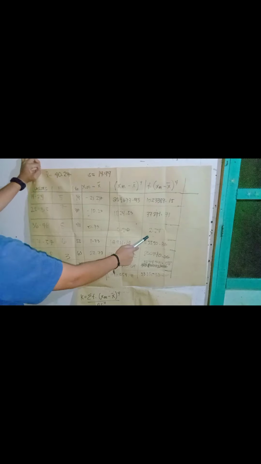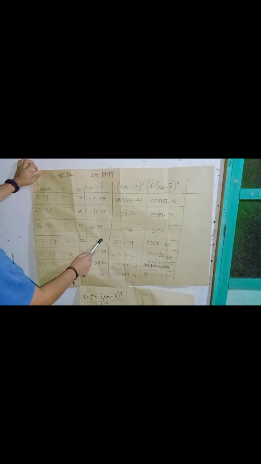For the next example, 41 minus 40.27 gives us 0.73. To the fourth power, 0.28. 0.28 times the frequency, which is 8, gives us 2.24.